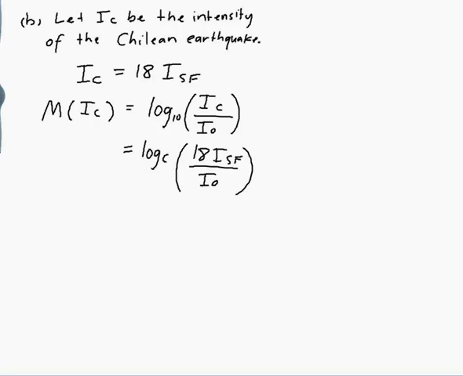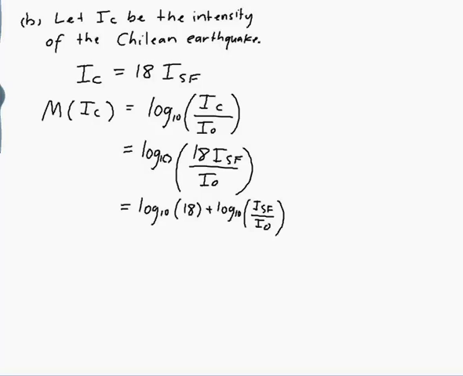Okay. Well, I can split out the 18. I can say that because of the way logs work, if I multiply, that turns into addition. Oh, sorry, it's not log C, it's log 10. That turns into addition, so that would be log 10 of 18 plus log 10 of ISF on I0.